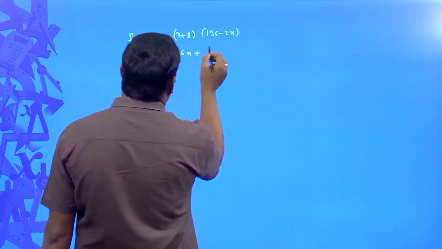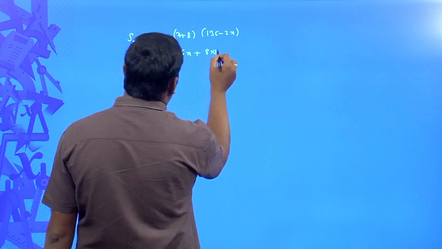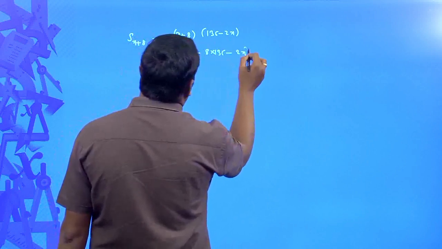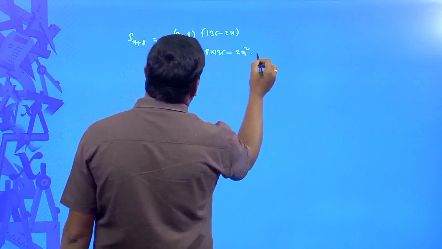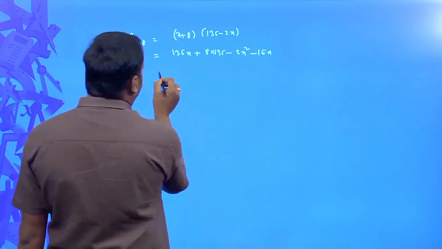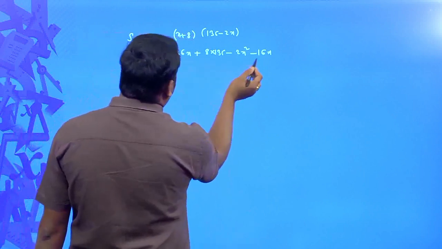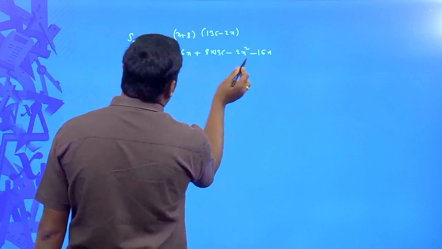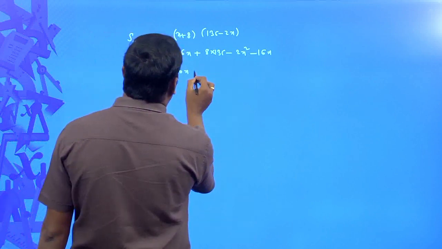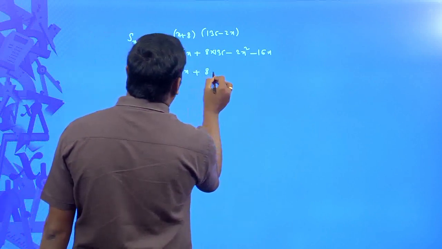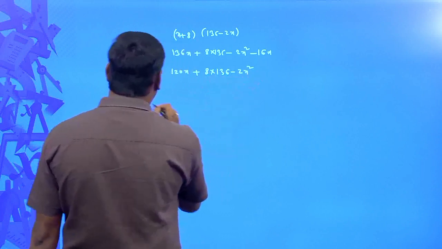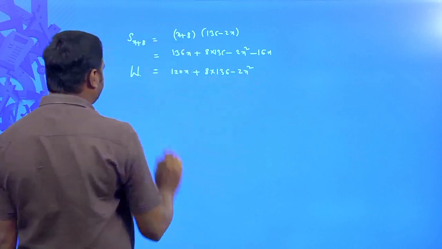Then, 8 times −2x is −16x, and −2x times x is −2x². So, 136x − 16x is 120x, if I am not wrong. So, 120x + 8(136) − 2x², this is the total work done, right.